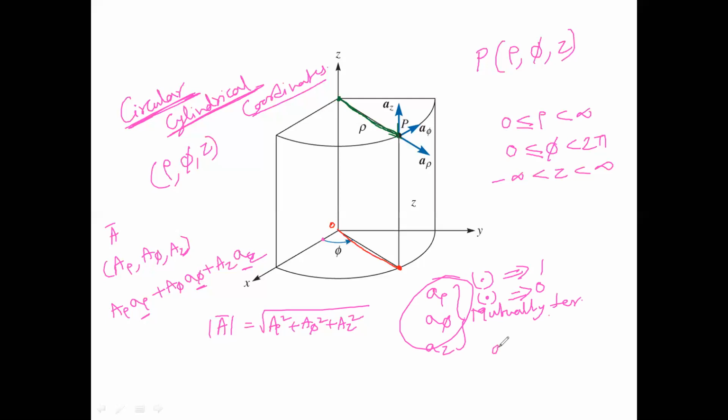Let me take one example: a rho cross a phi is equal to a z, a rho dot a rho is equal to 1, and a rho dot a phi is equal to 0. So the dot product of the same coordinate unit vectors is 1, the dot product of the unit vectors of different coordinates is 0, and all three are mutually perpendicular to each other.